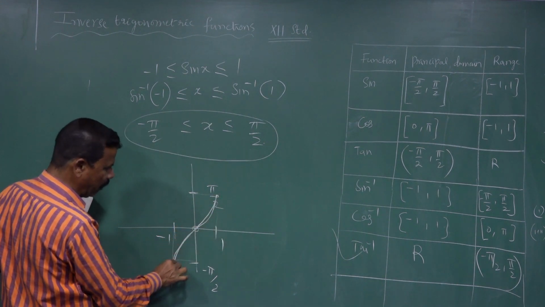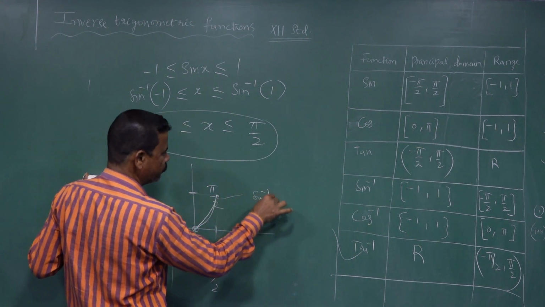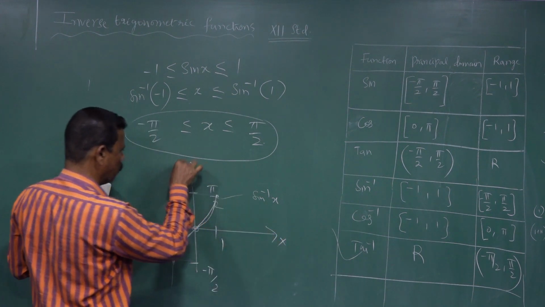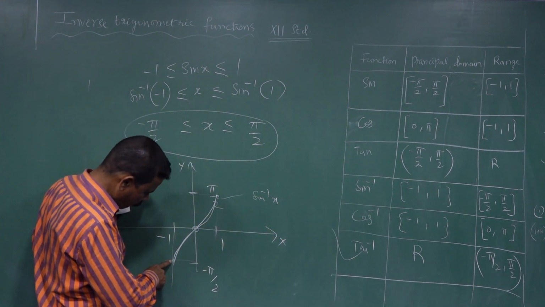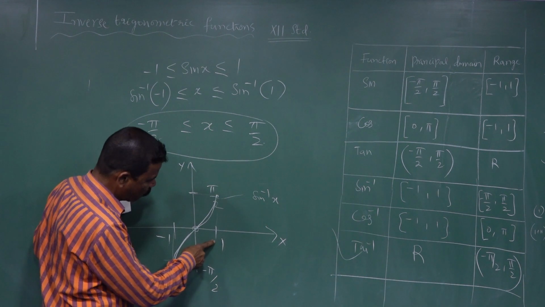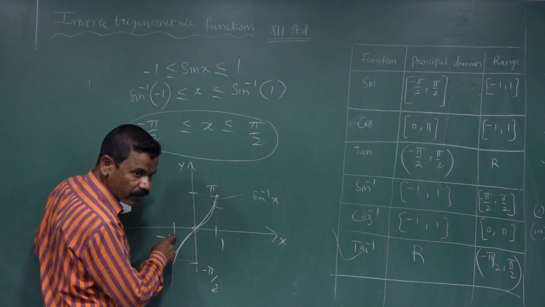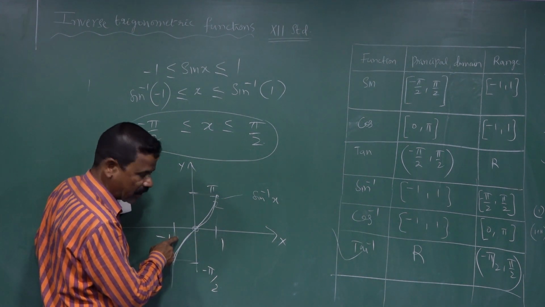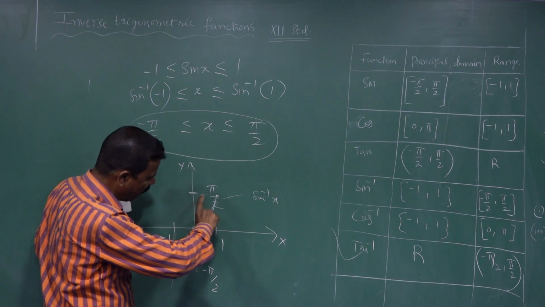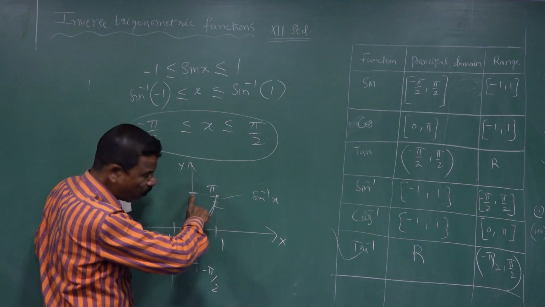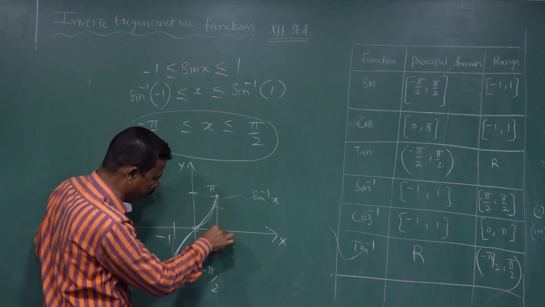This cycle is one completed for the sin inverse x graph. Minus 1 to plus 1 is the domain for the sin inverse x function. Here the range is minus π/2 to plus π/2. We restrict to here only.